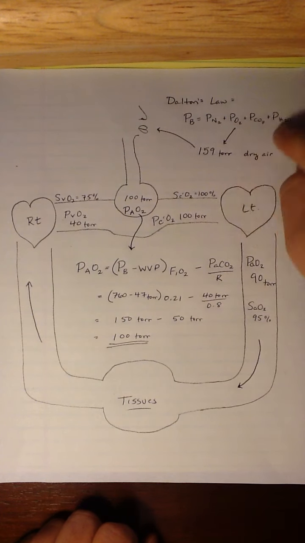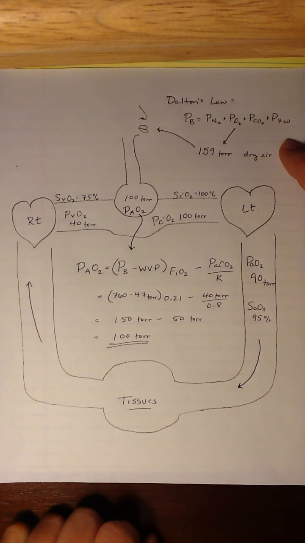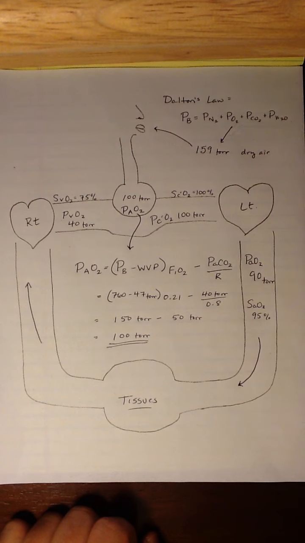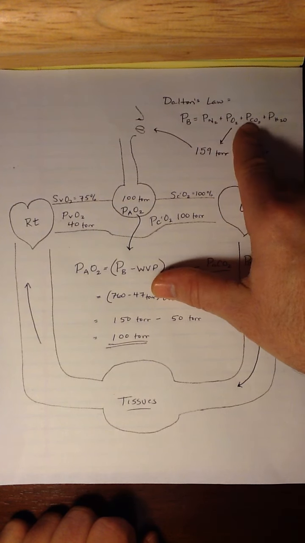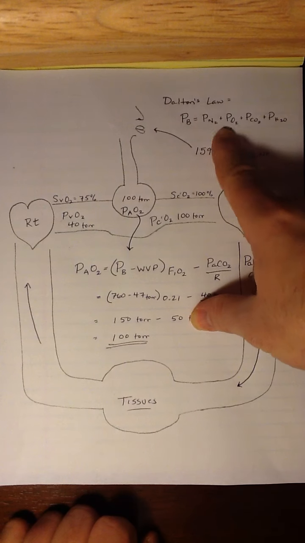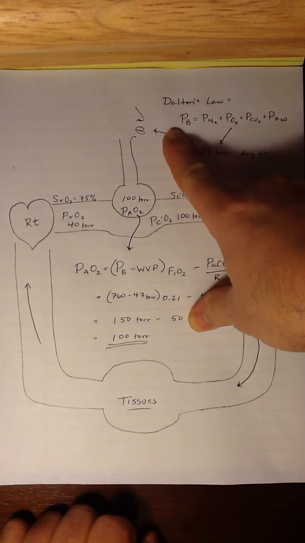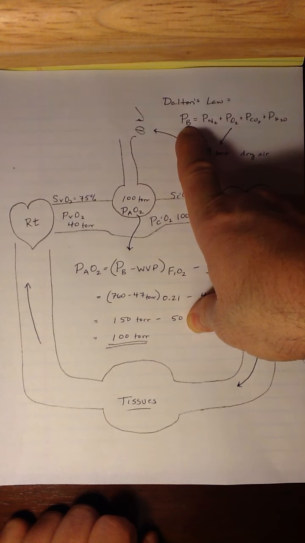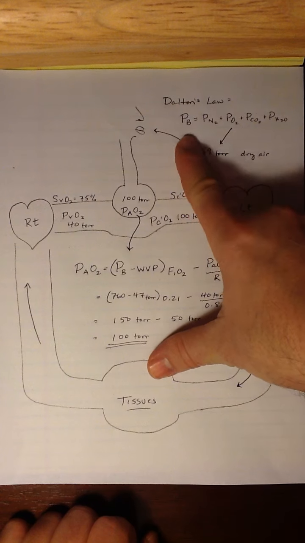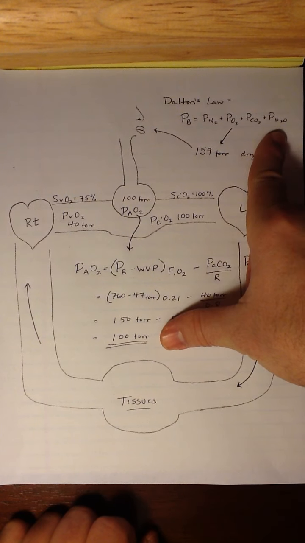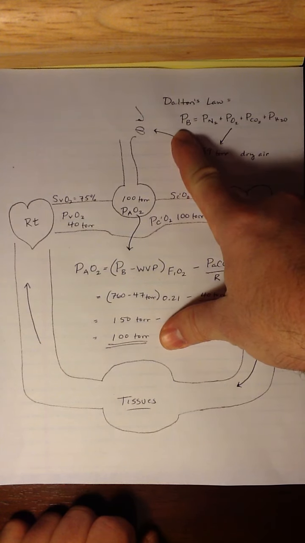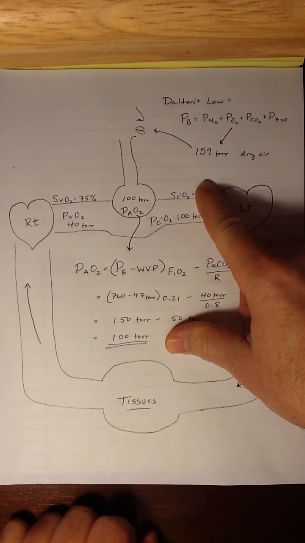But I'm going to start out here in the external environment, the atmosphere. Look at Dalton's law. Dalton says that if we add all of the partial pressures of gases and water vapor together, we will get the total, which is the barometric pressure in the atmosphere. So again, adding all partial pressures of gases in the atmosphere together gives you the total, which is the barometric pressure.